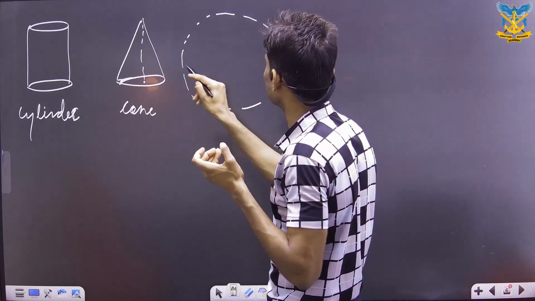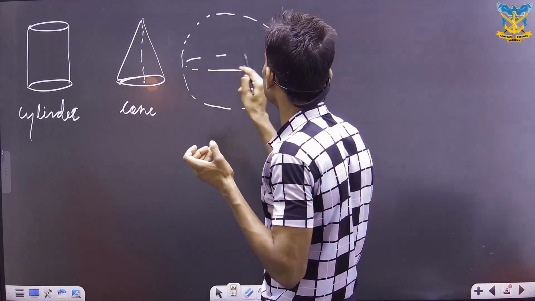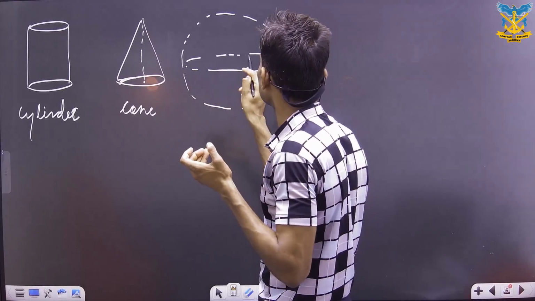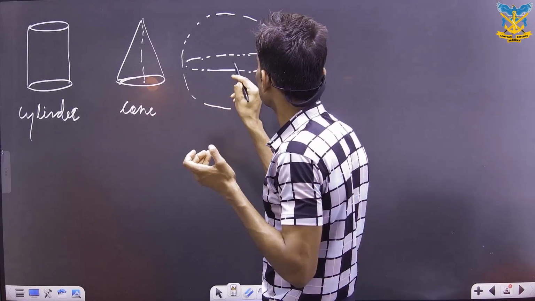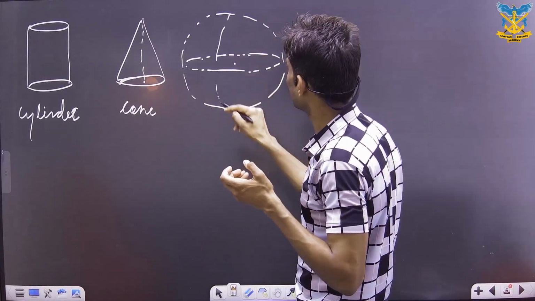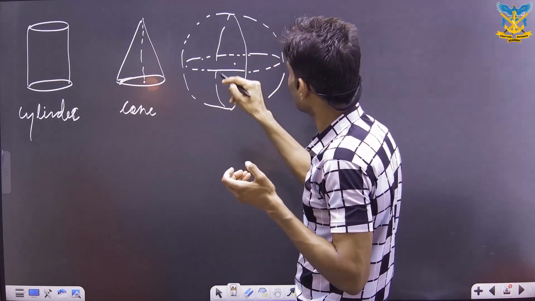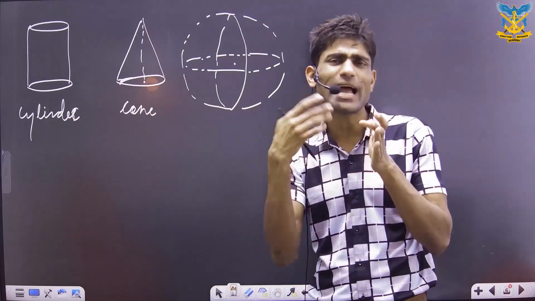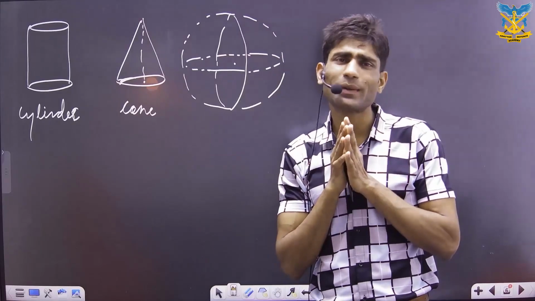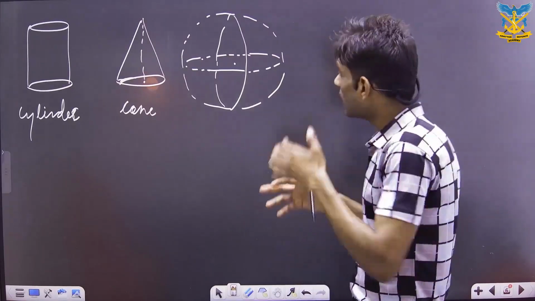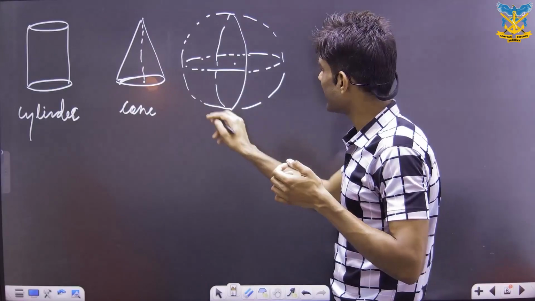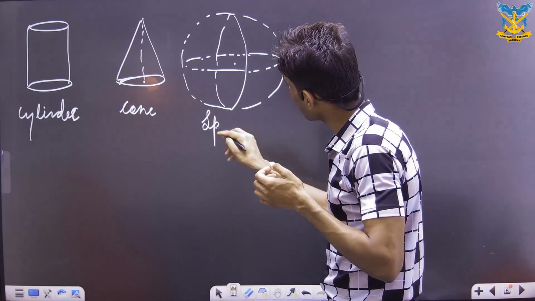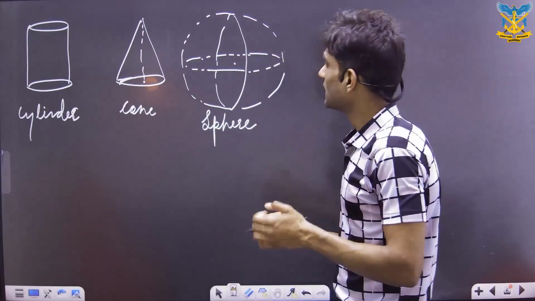This one is our sphere, and this is the center. It has a solid shape, like a 3D figure, so we call it a sphere.